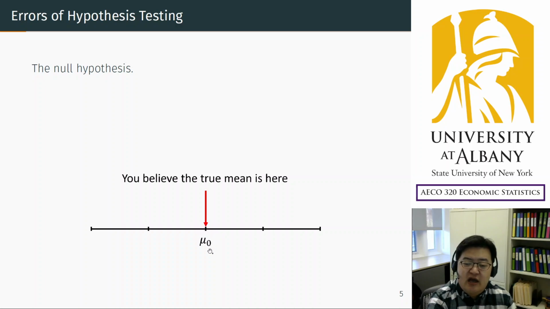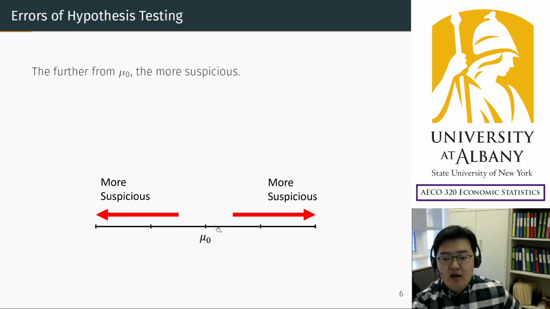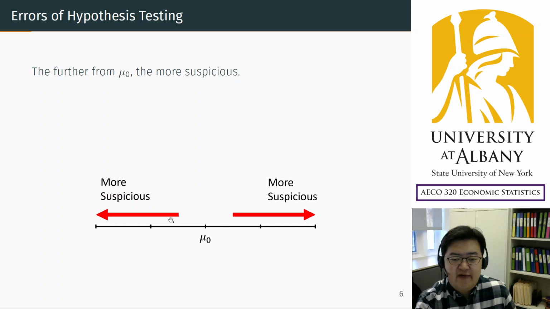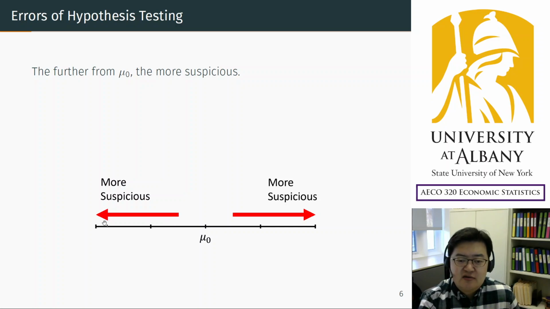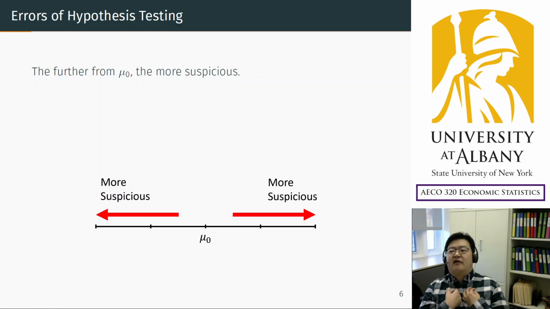Null hypothesis: the average study hours for the final is, say, 40 hours. I believe the true mean is here. And if the data is realized somewhere outside, away from my belief, then my belief becomes more questionable, more suspicious.